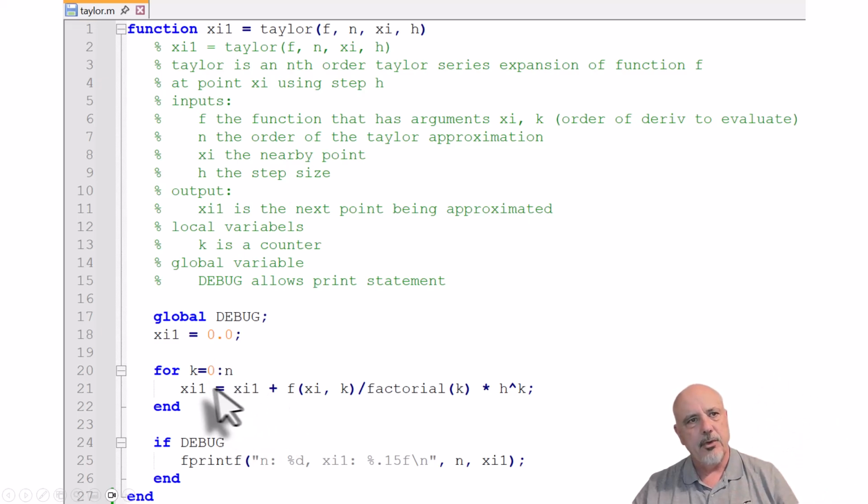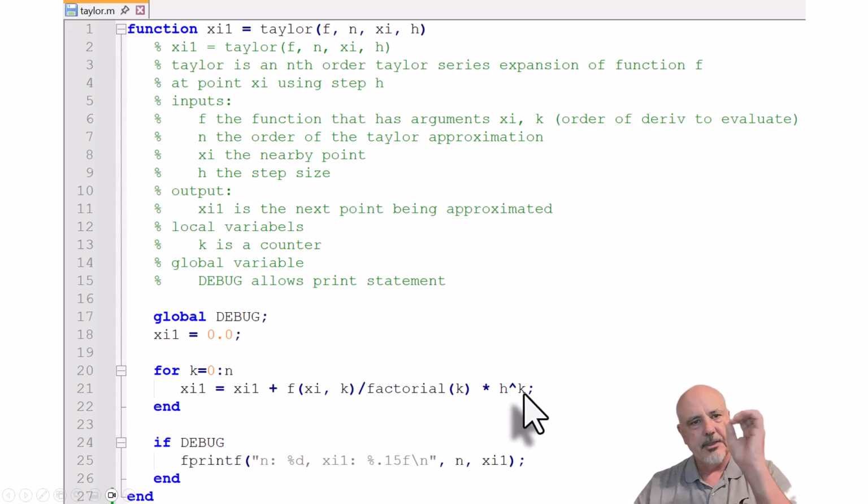So first time through, when k is 0, I'm going to be evaluating the function with the 0 derivative, and I'm going to divide by 0 factorial, which is 1, and I'm going to multiply by h to the 0, which is 1. So the first time through the for loop, it's just evaluating the function. The 0th derivative, the function, is all that's going to be done because that's 1 and that's 1.